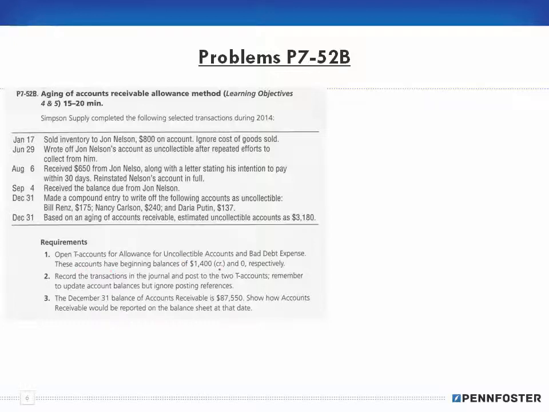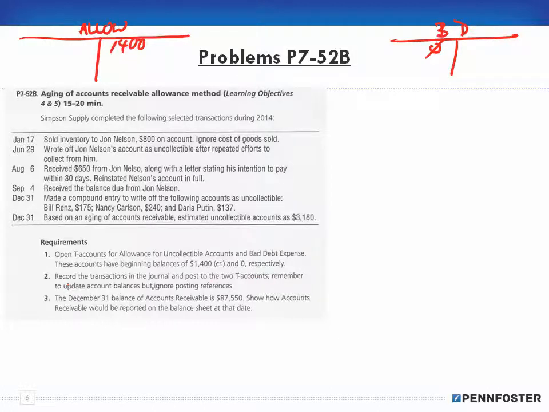These accounts have beginning balances of $1,400 credit and 0 respectively. So this is the allowance, and it has a credit of $1,400, and this is bad debt, and it has a balance of 0. Two, record the transactions in the journal and post to the two T accounts.